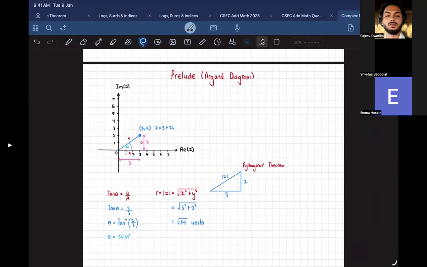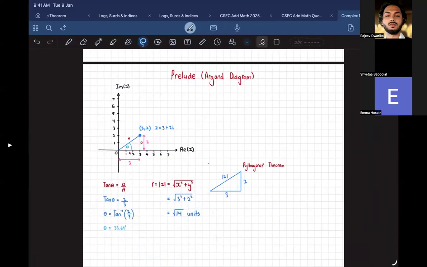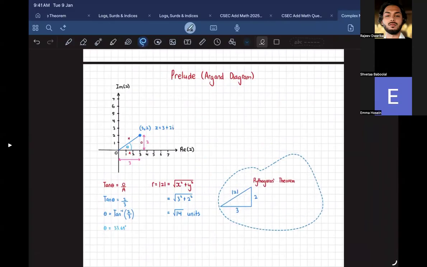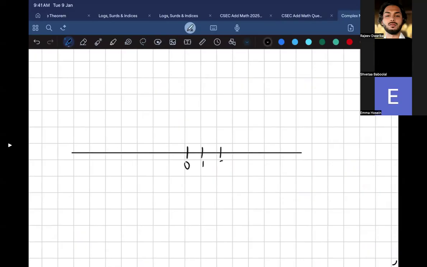Have you ever wondered why a negative number times a negative number is a positive number? So let me draw a number line again. Call it 0, 1, 2, 3, 4.